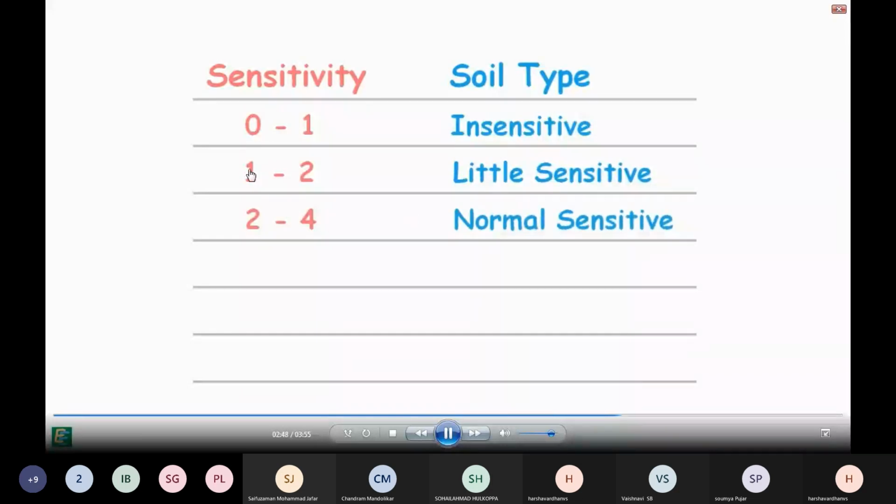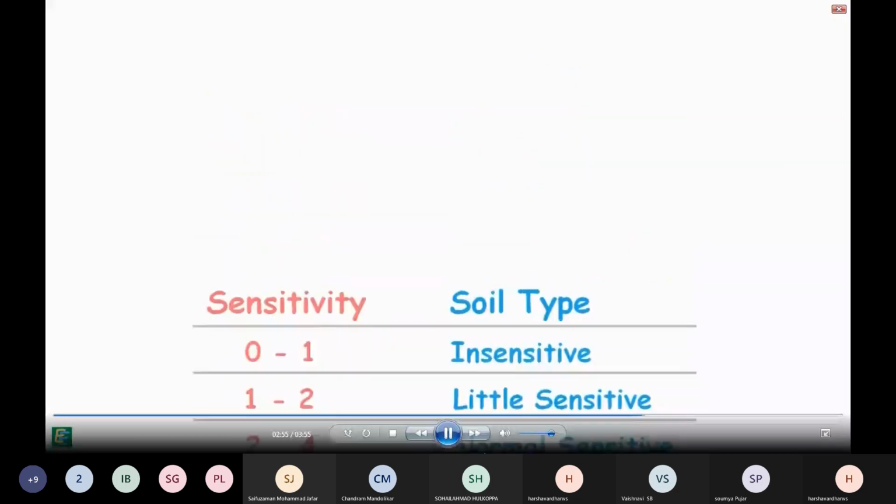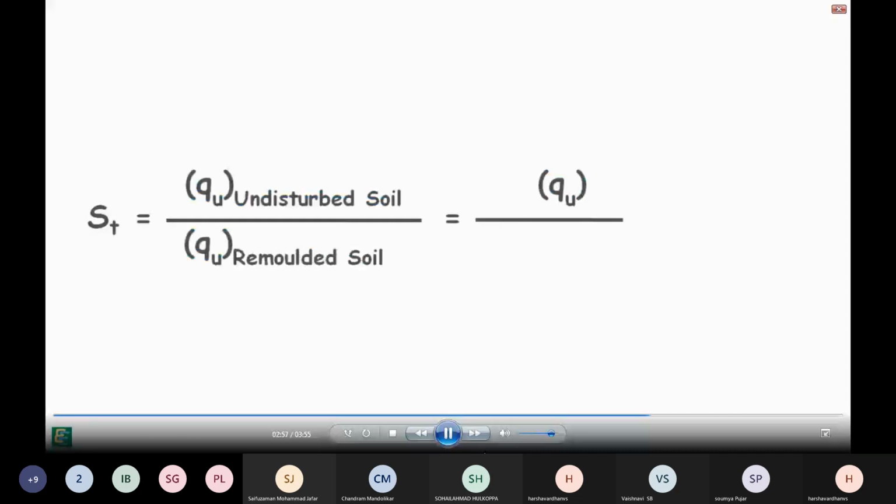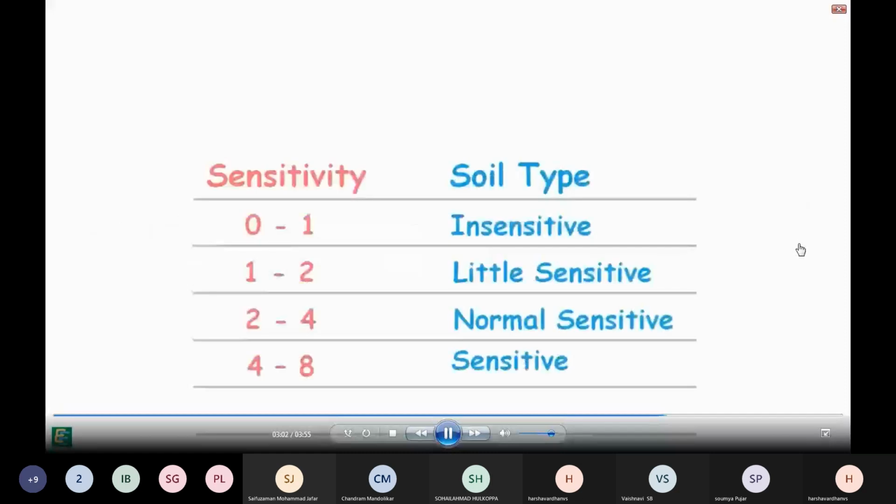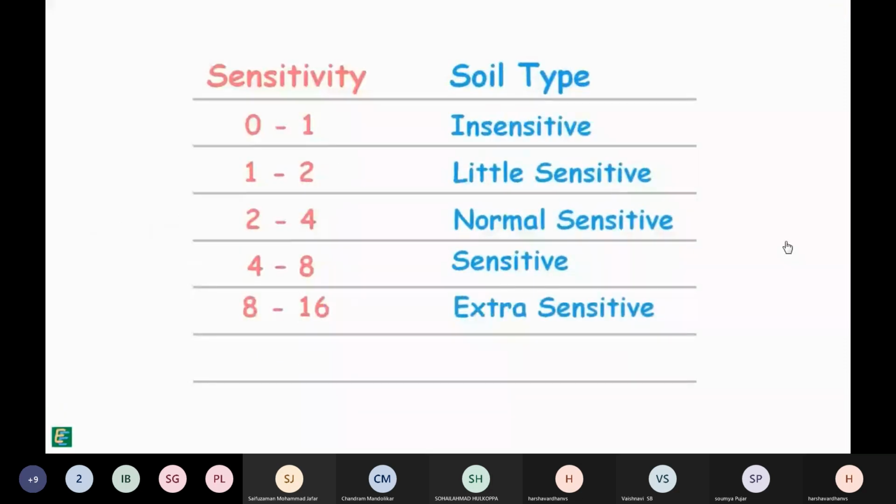If between 1 and 2, it is little sensitive. If between 2 and 4, normal sensitive. If between 4 and 8, it is sensitive. And if it is between 8 and 16, it is extra sensitive.